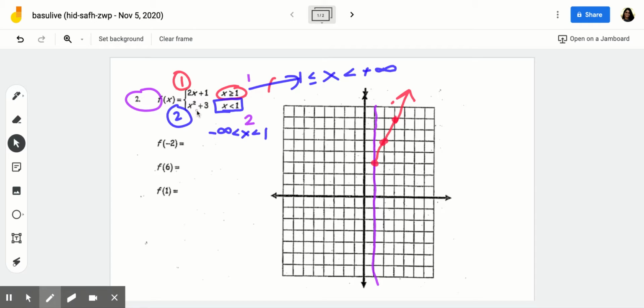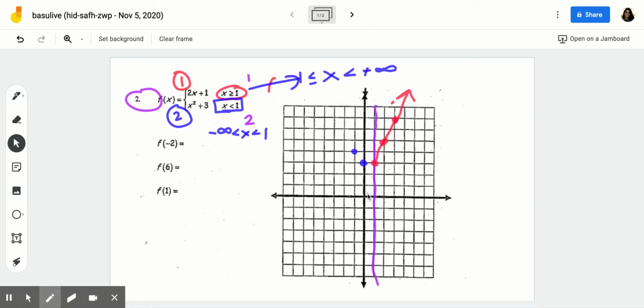Now, it's not a line, it's a parabola. I know that it's a parabola where h is 0, k is 3. So up 3, 1, 2, 3, right here, 0, 3, and then I'm going to plug in another point. So when I plug in -1, -1 squared is 1, 1 plus 3 is 4.